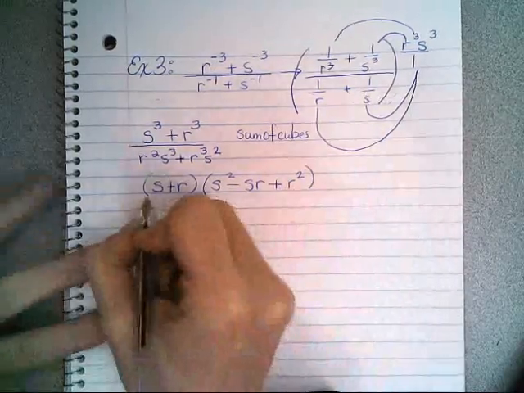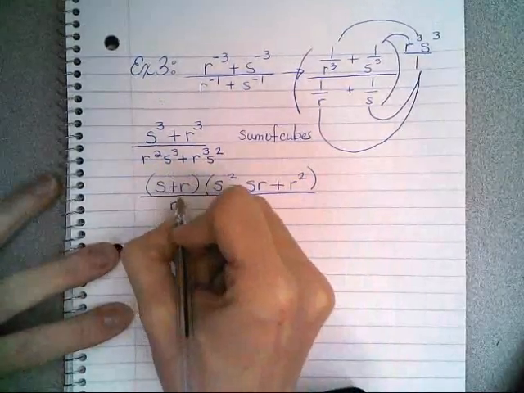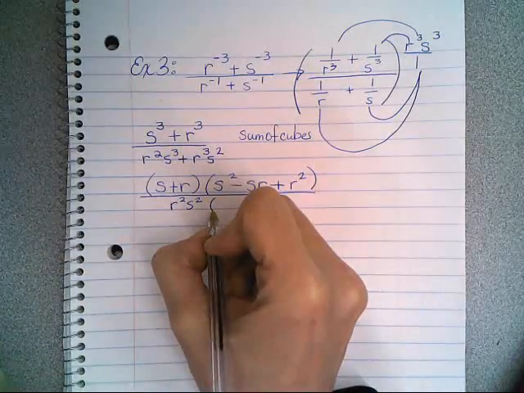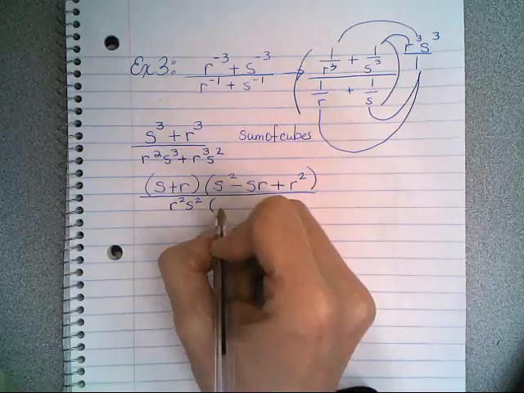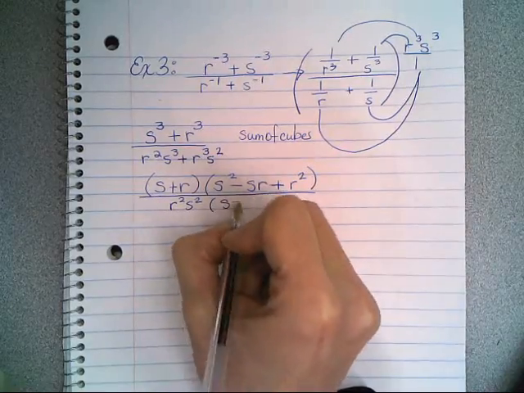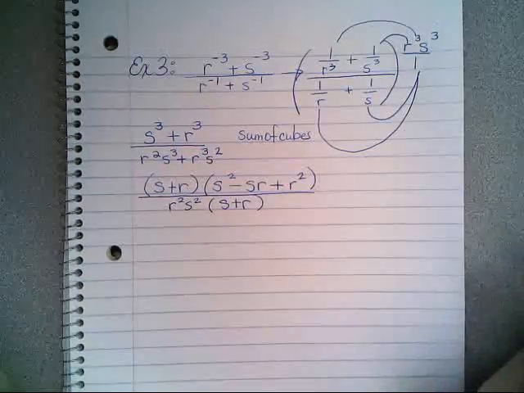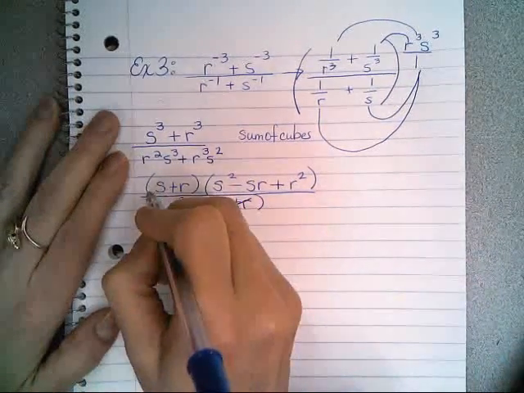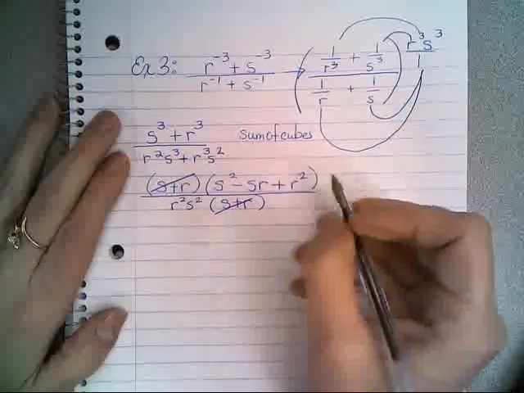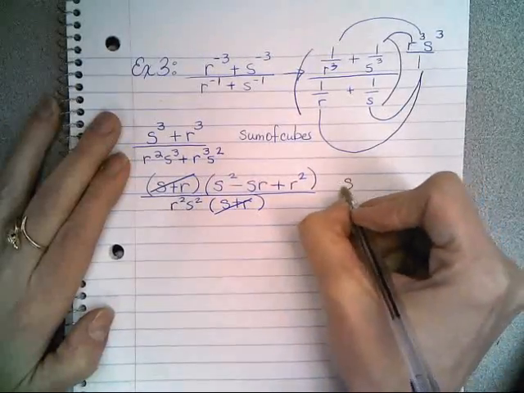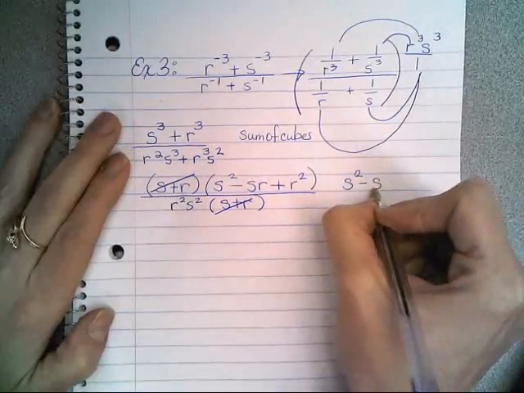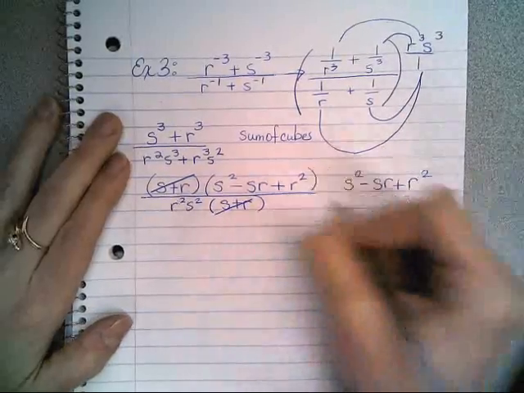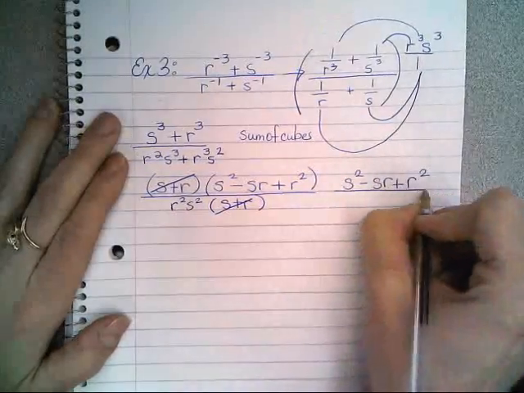And the bottom component, we could pull R squared, S squared out, and that leaves me with S plus R. The S plus R's cancel, boom. And you're left with S squared minus SR plus R squared. That cannot factor any further.